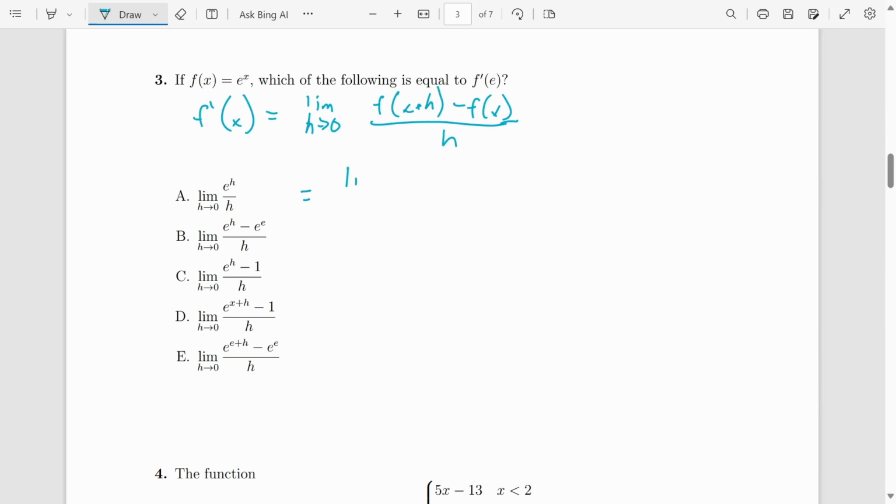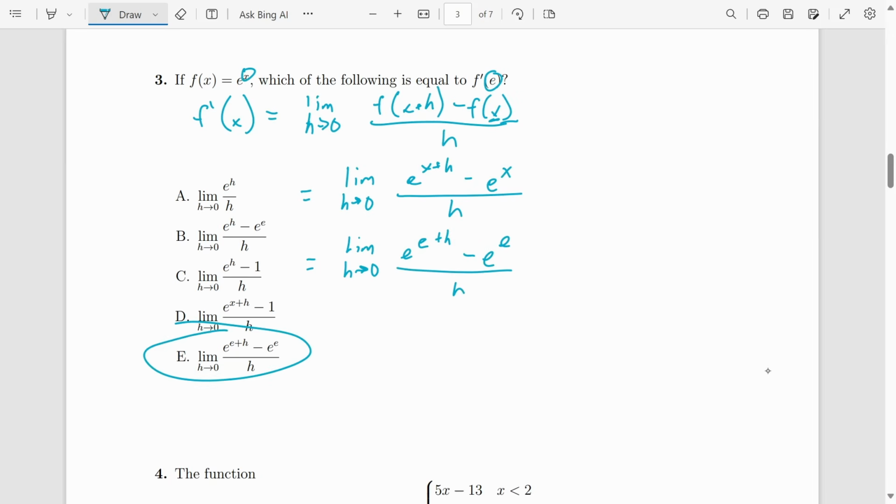So doing all this, we get limit of h approaches 0 of, so f of x plus h is e to the x plus h minus e to the x, all over h. And then we just have to plug in e for x now. So this is now limit as h approaches 0 of e to the e plus h minus e to the e all over h. Wow, we're already done. Answer choice E. There we go.